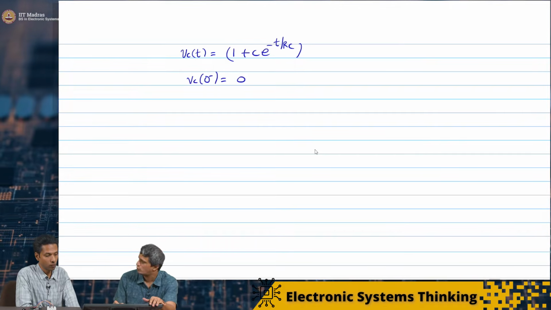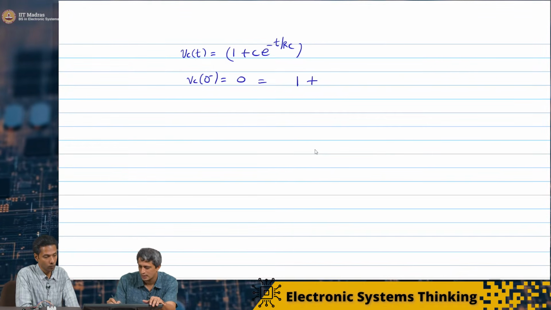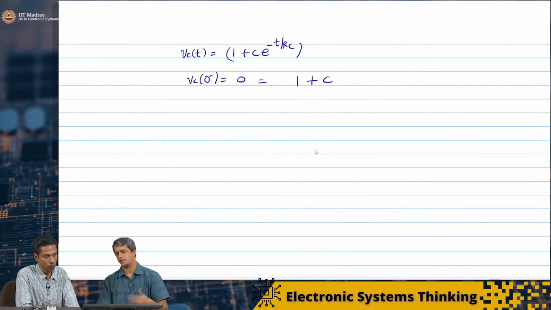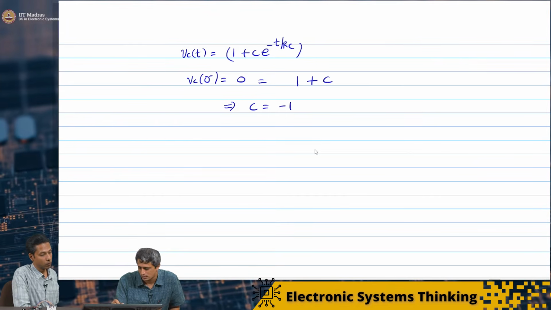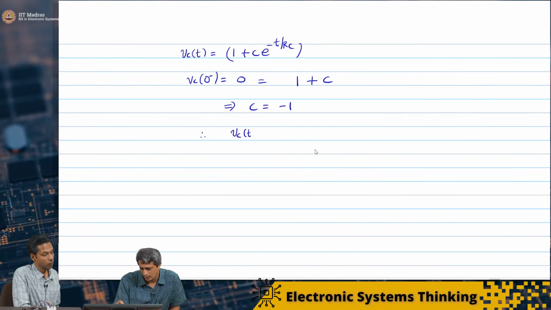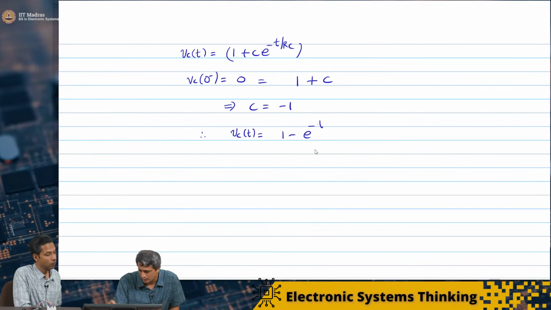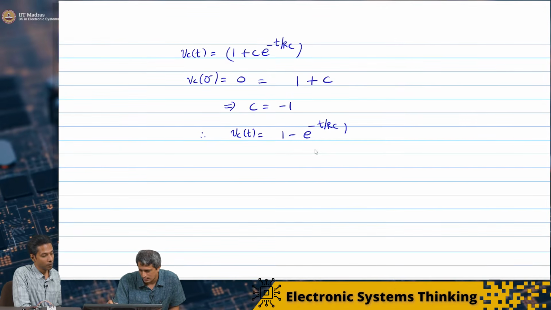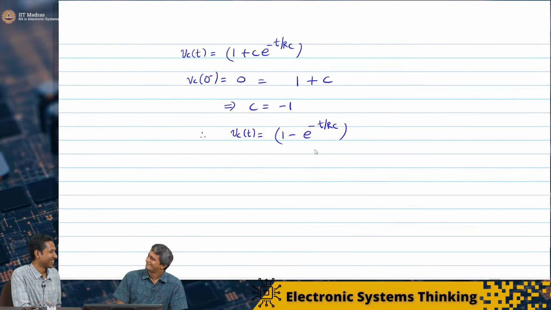Substituting t equal to 0 in this equation, you will get 1 plus C, because it is just e power 0, which implies C equals minus 1. Therefore, Vc of t is going to be 1 minus e power minus t by RC.